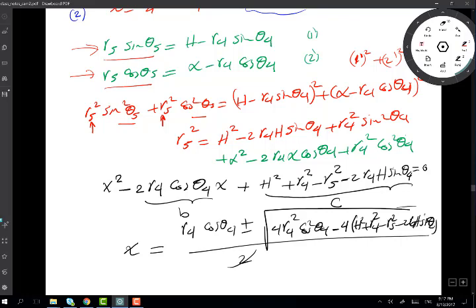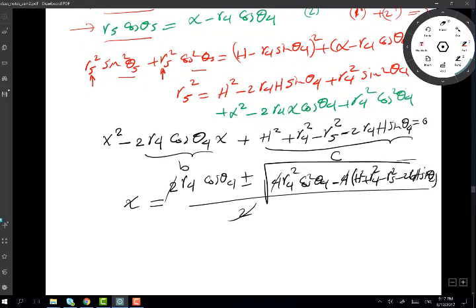You'll find that the 2 cancels out, and you get an expression for x. So you get two expressions for x.